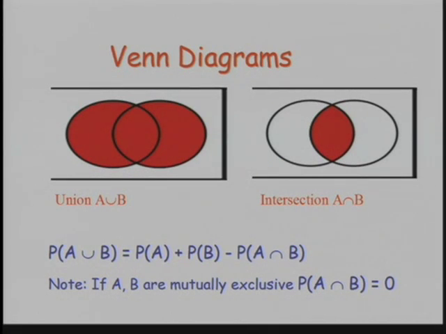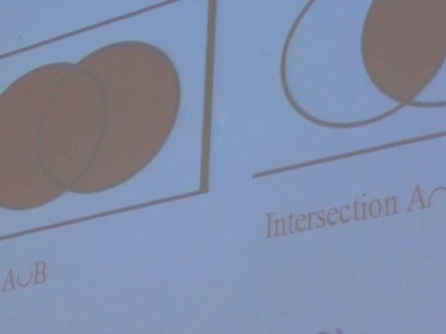Here, these are the Venn diagrams which we talked about. Here we were talking about mutually exclusive events. Now we have two events that are not mutually exclusive. This is the union, A union B, and this is the intersection. The red area is what's being denoted, hence the red lettering.